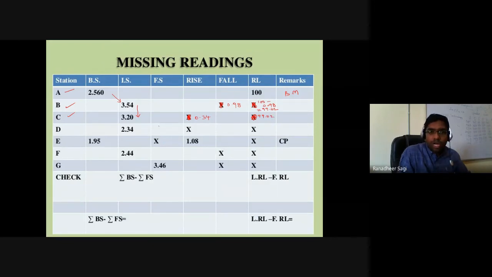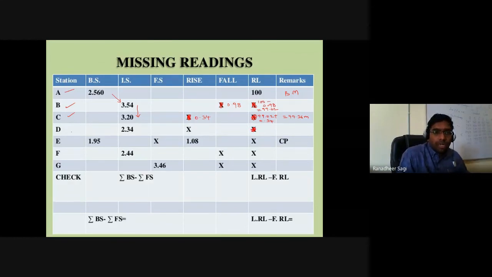With respect to point C, it's a rise data, so plus 0.34. If I add it, I'll get the value 99.36. Please don't write it under your remarks. It has to be properly written under your RL column only.